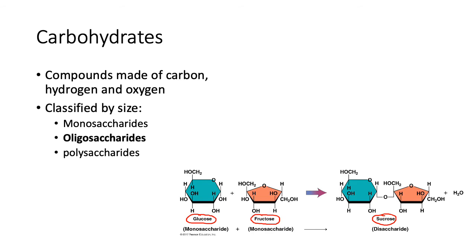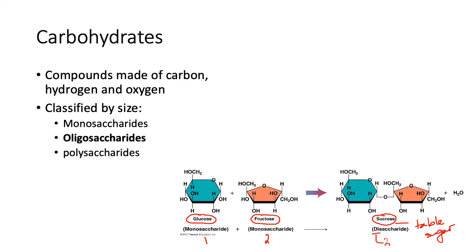Another way that we can refer to sucrose is as a disaccharide, di meaning two, to show that we've linked two monosaccharides together. Sucrose is table sugar. So this is the sugar that you use to sweeten your coffee or when you bake. So sucrose, or table sugar, is an oligosaccharide, or medium-sized sugar. And again, it's made by linking two monosaccharides together.